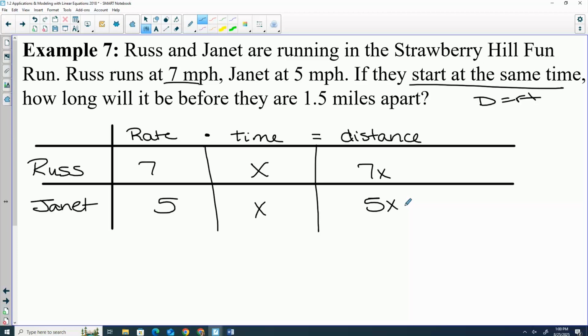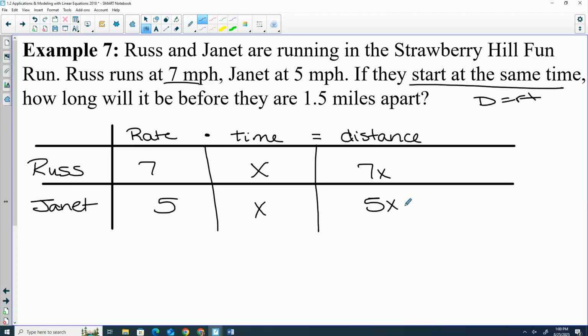Sometimes we have where they start at the same point, but maybe one's ahead of the other, and I want to know when they catch up with one another. If they catch up, what's true about their distances? They're the same. So sometimes it may be a scenario where, okay, she started running, he started 5 minutes later. At what point does he catch up to her?